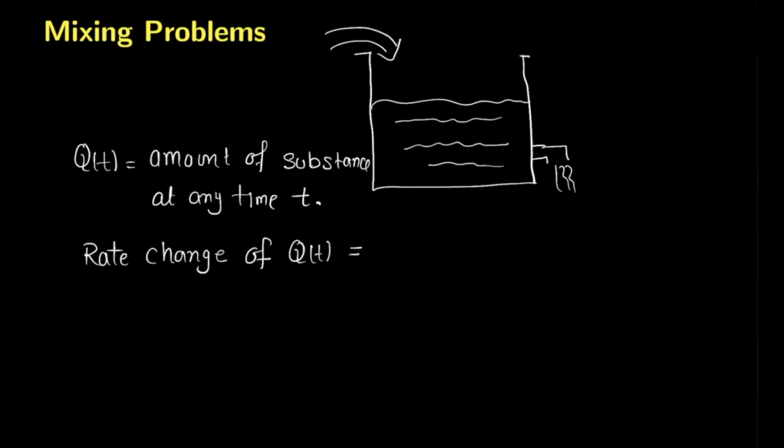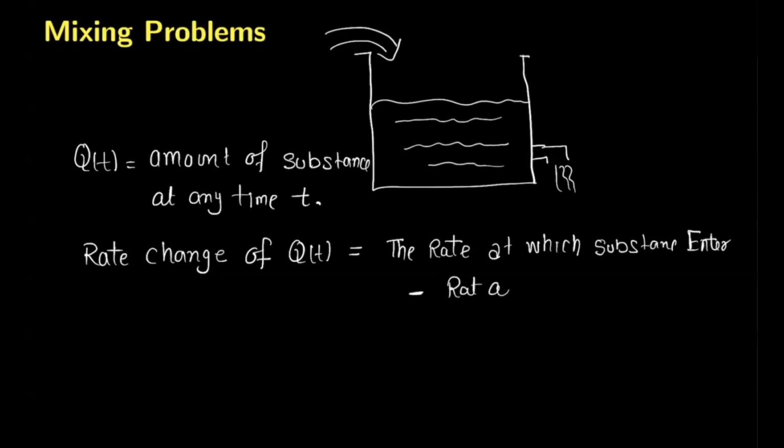And the rate of change we can calculate basically by the rate at which the substance enters, and we're going to subtract it from the rate at which the same substance, which is Q of t, exits.